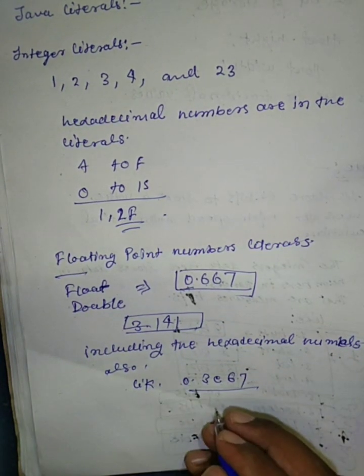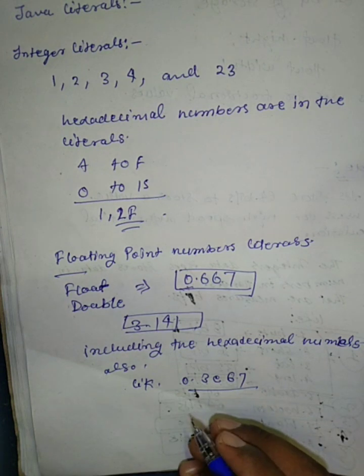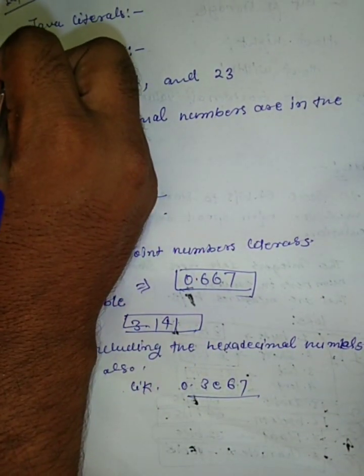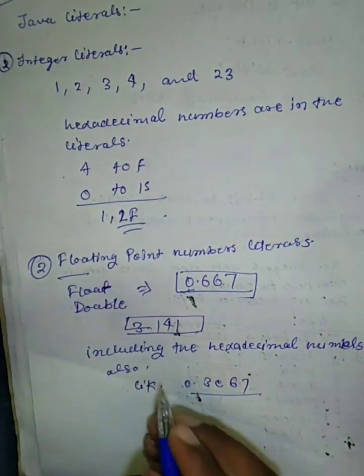These are also called literals in floating point numbers. This is the second type of data types of Java, and the first is integer data types.